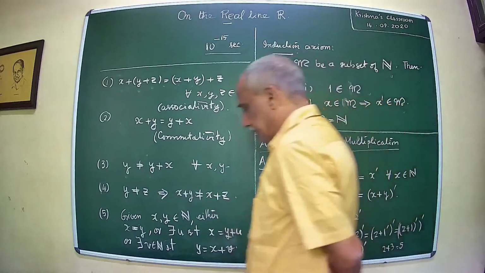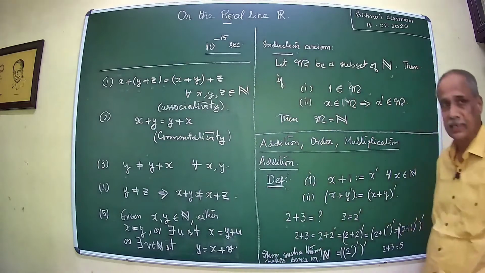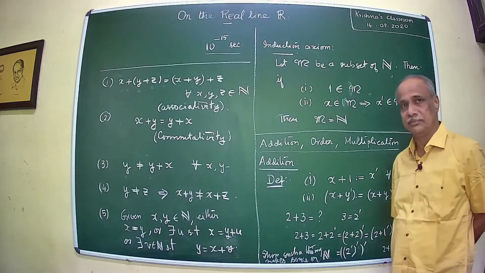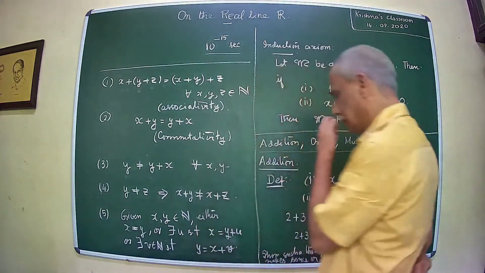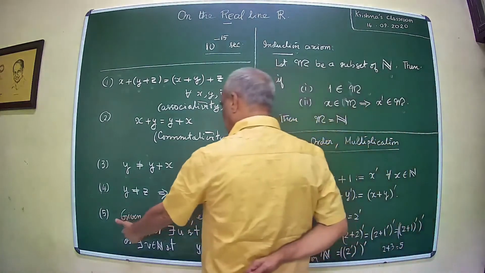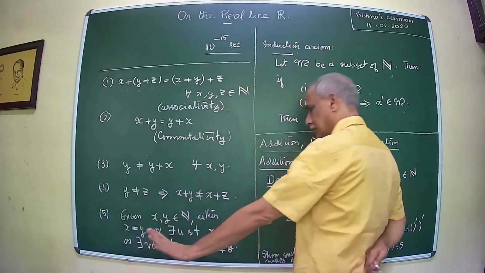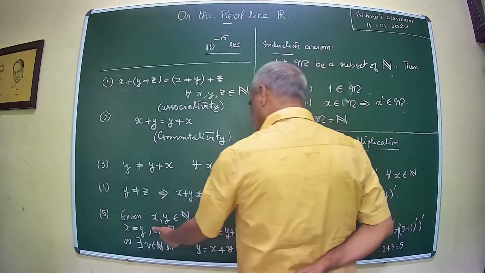Let us work with an example, then it will be clear. So given x and y, let us take 2 and 5. X I take as 2, Y I take as 5. So first of all, 2 is not equal to 5. That's clear. Then what are the other possibilities?